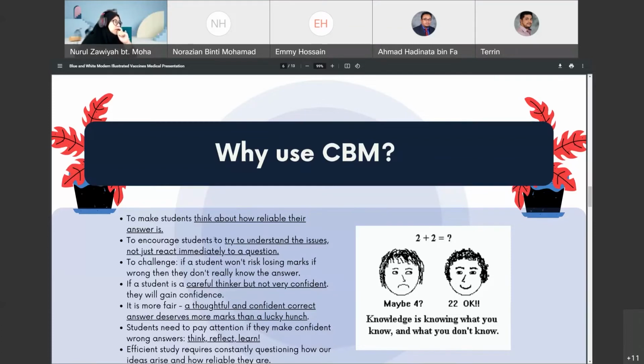To encourage students to try to understand the issues. This is what I see as the lack of skills, at least in my class. They don't have a strong foundation of the problem, especially my final year project students. Repeatedly, I said you have to have strong knowledge of the problem, then you know how to create a solution. You will not be stuck.